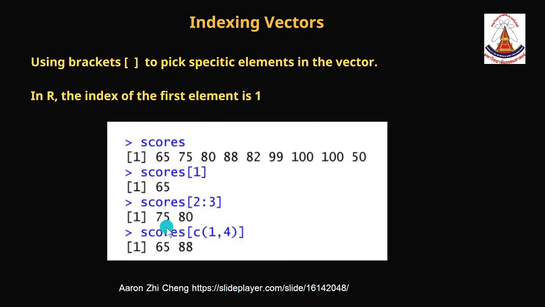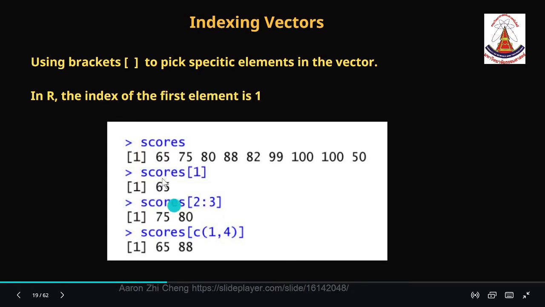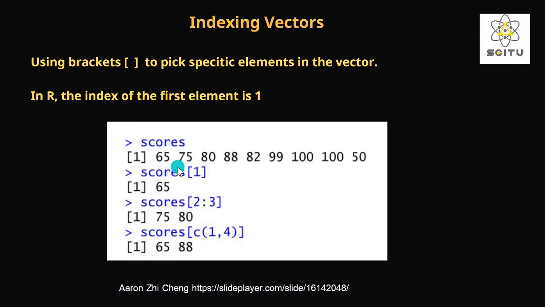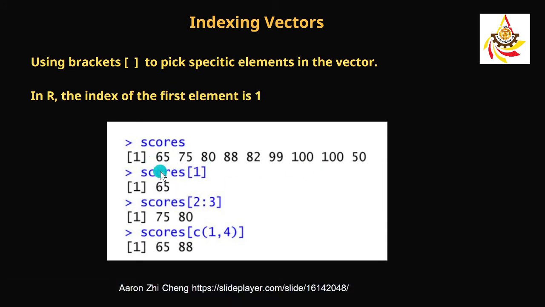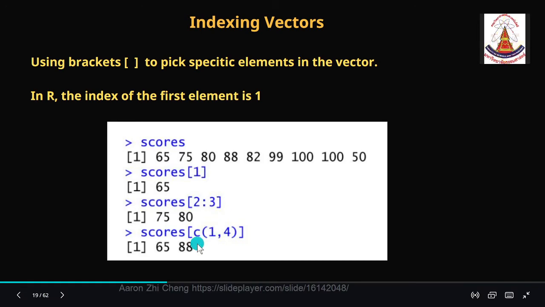Does it mean you call 75 and 80? Also, when you use 1 comma 4, you select the first record and the number 4 column will appear in your result. From this expression, you can get 65 and 88 from this coding.